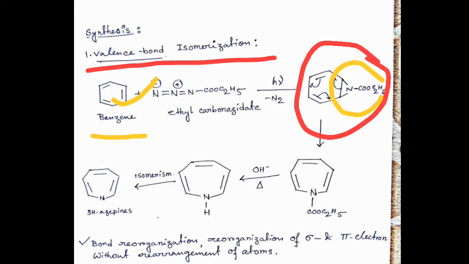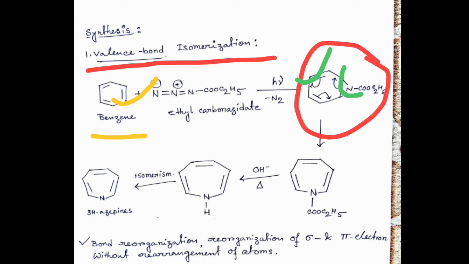As you can see, the double bond present in the benzene ring here is finally broken, and two nitrogens form a new bond with the nitrogen atom, along with the specific substitutions.